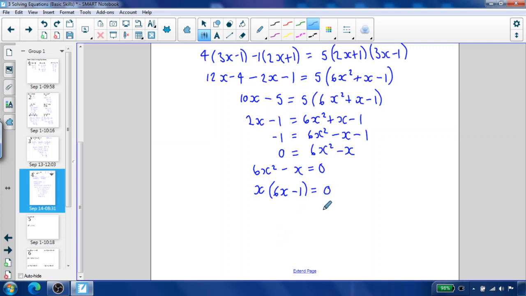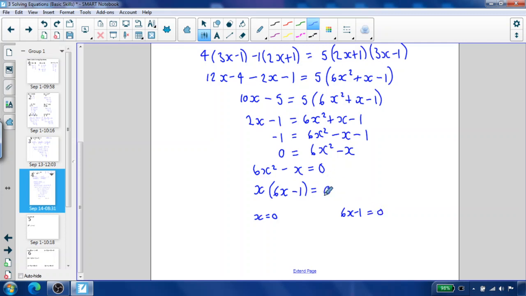So now we are looking at this and thinking what would equal 0. Well, when we multiply these two together, so when you multiply x by 6x minus 1, the answer is 0. So that must mean that either x is equal to 0 or 6x minus 1 is equal to 0.